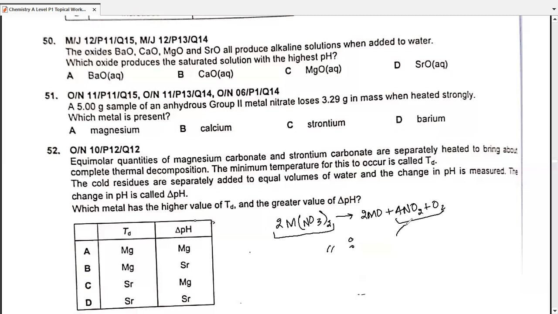This whole ratio should be equal to 5 ratio 3.29. These answers and those answers should be almost equal. Remember, I've used the molar numbers along with them. So multiply the nitrate MR by 2, the nitrogen dioxide MR by 4, and the oxygen by 1. So make sure you put the numbers in correctly.